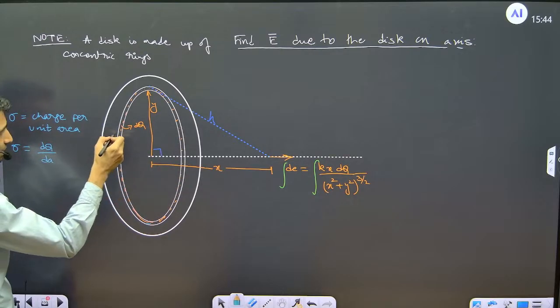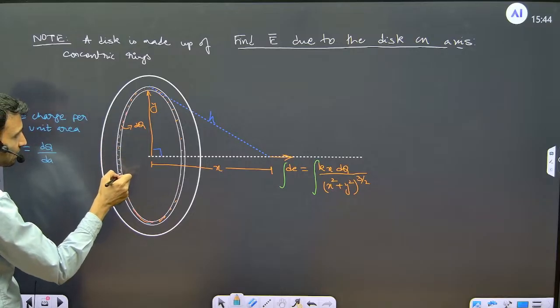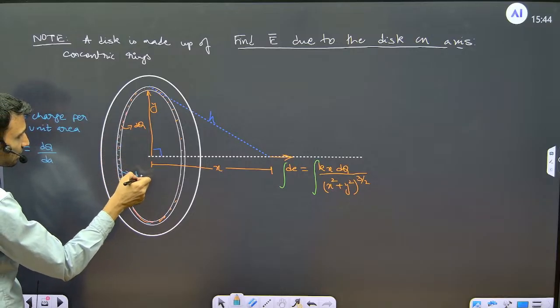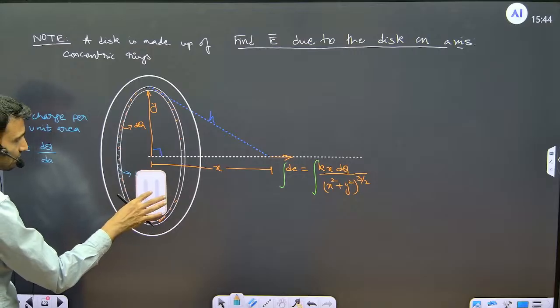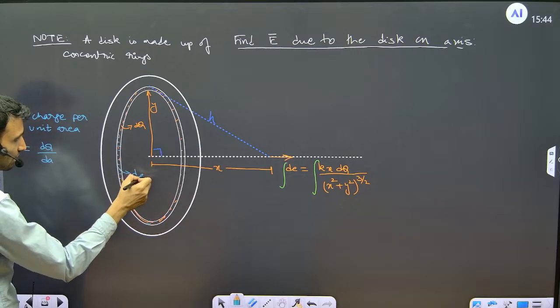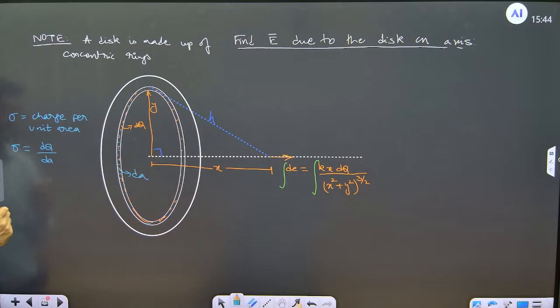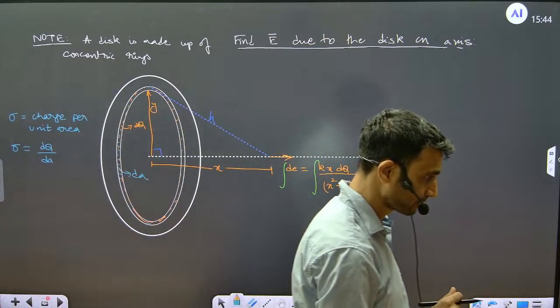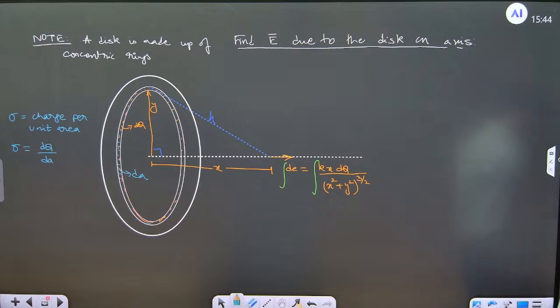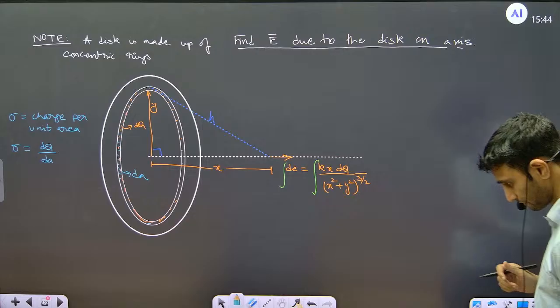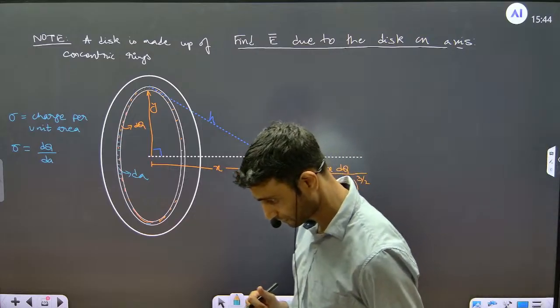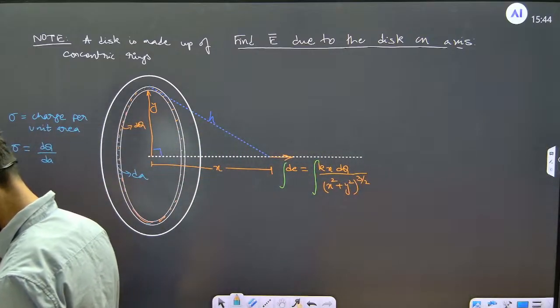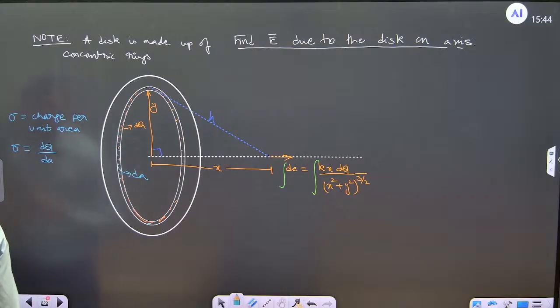What is dA? dA is whatever the area this has, that area is called dA, and the ratio is called dq by dA, which is sigma, which is the charge per unit area, right?